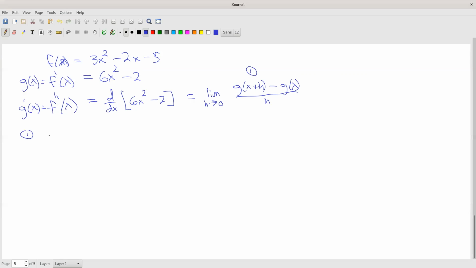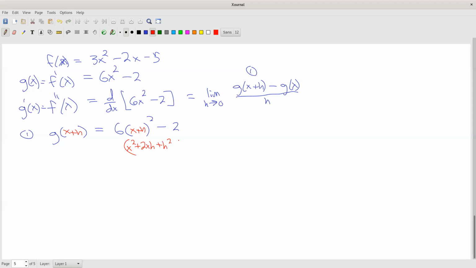Step 1 is what is g of x plus h? So do g of parentheses would be 6 parentheses squared minus 2, and then drop in your x plus h. And we've squared x plus h a lot of times now. Hopefully you're getting pretty used to that. That's going to be x squared plus 2xh plus h squared.